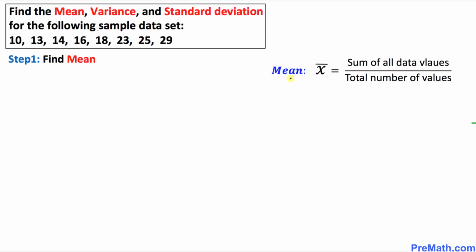And here is the mean formula. Mean is represented by x bar, which is equal to sum of all values divided by total number of values.